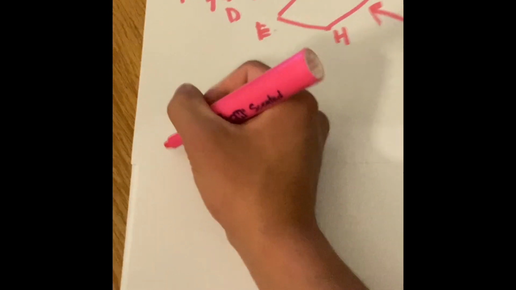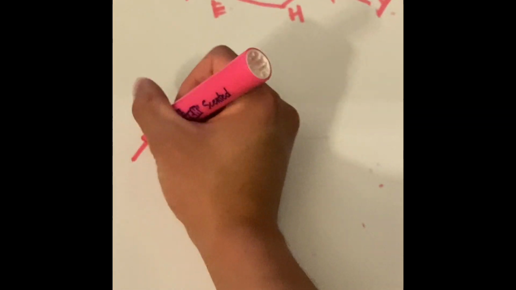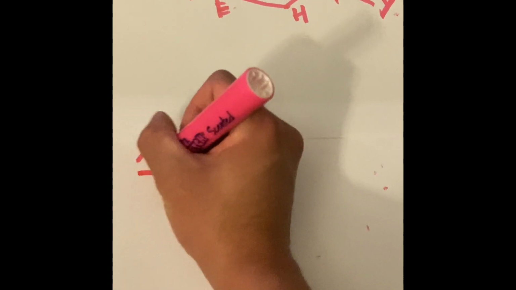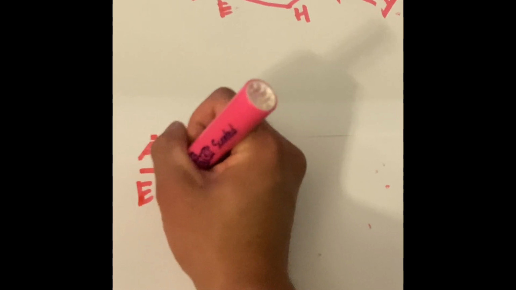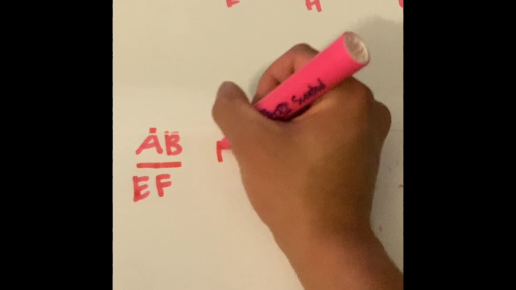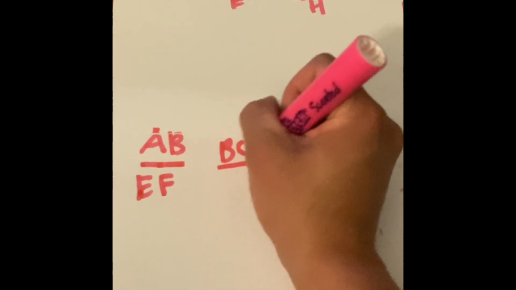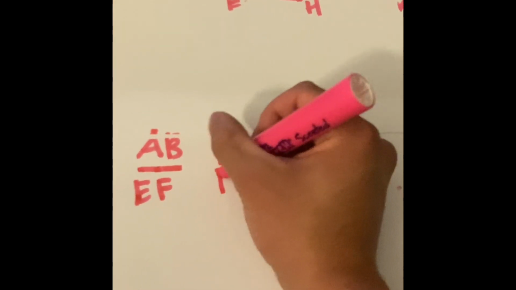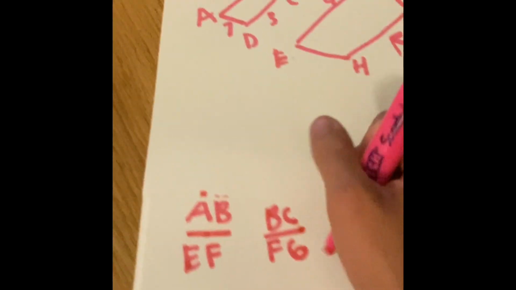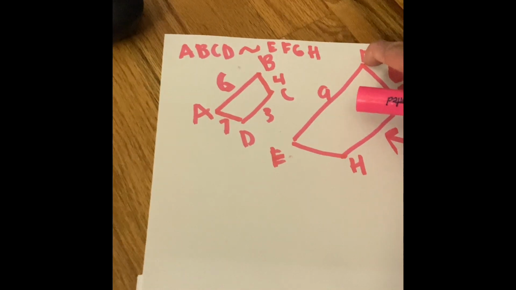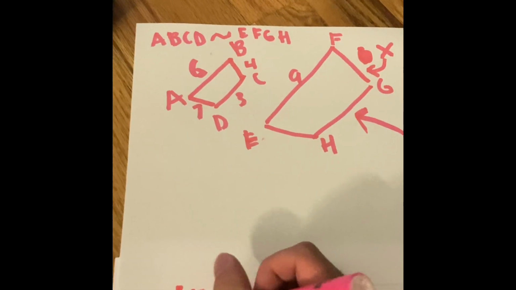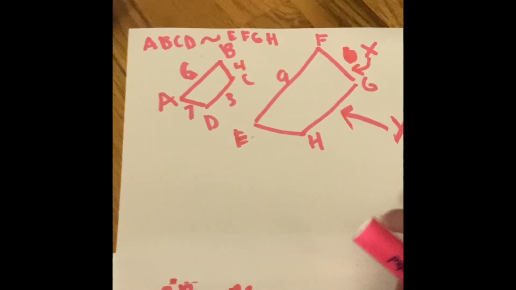So what's going to happen is I'm going to say AB divided by EF, and I'm also going to say BC divided by FG. So here AB over EF is going to be equal, because we're going to make a proportion, to BC over FG.